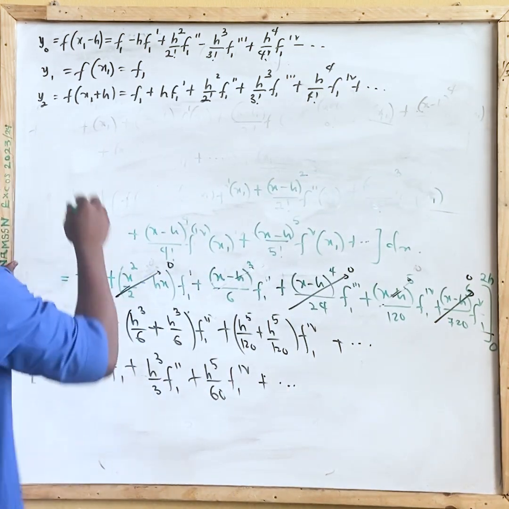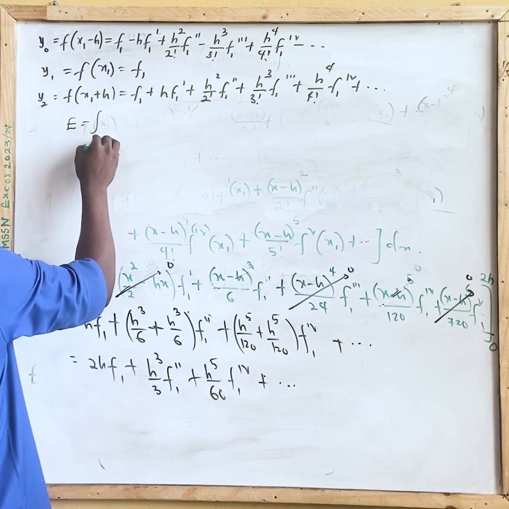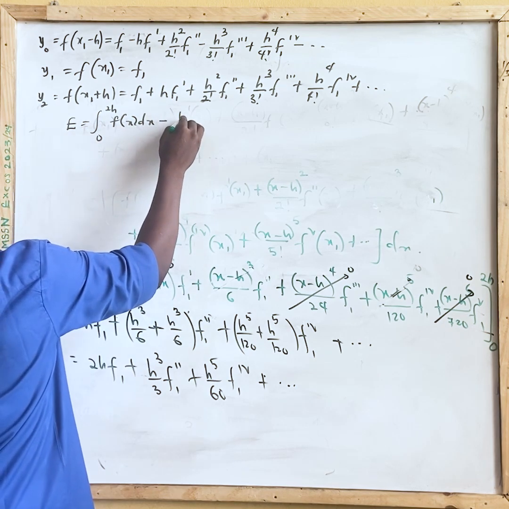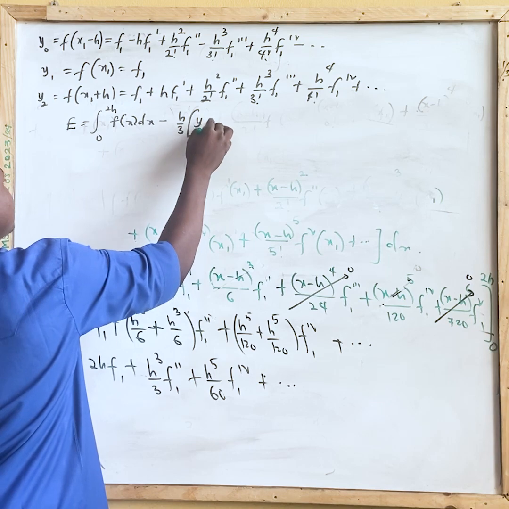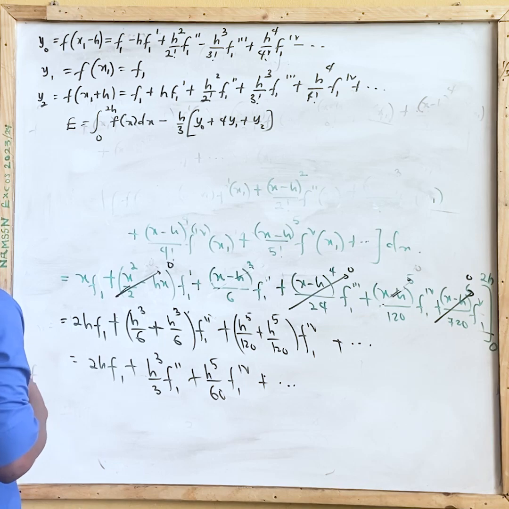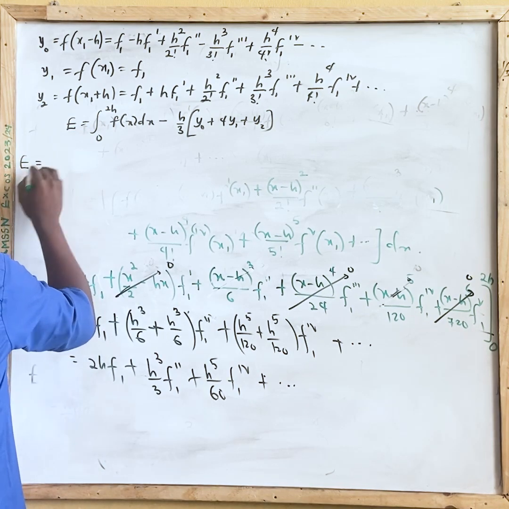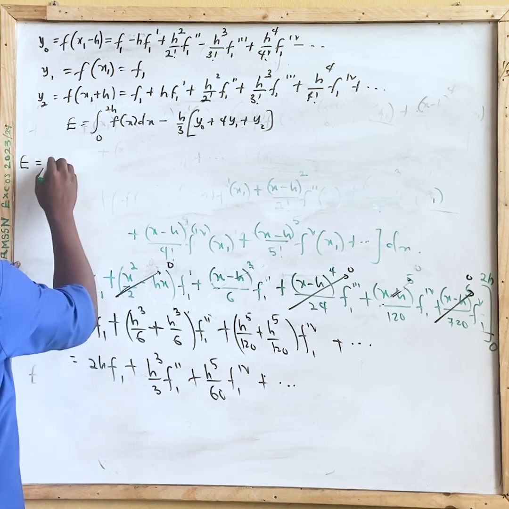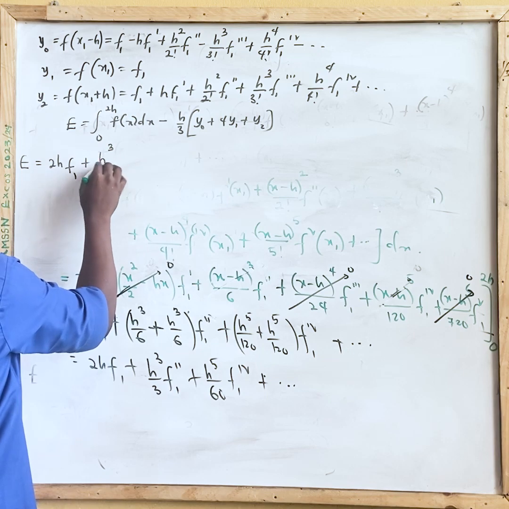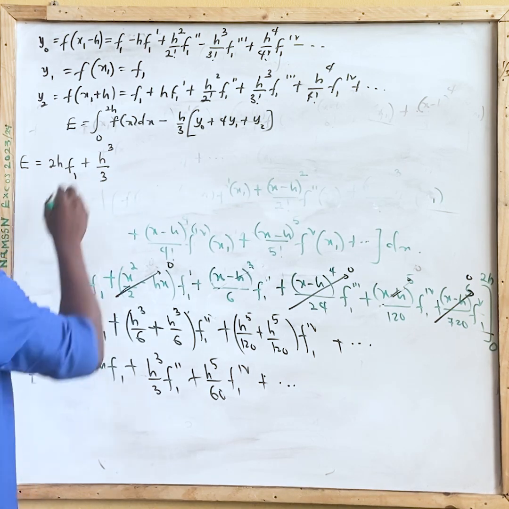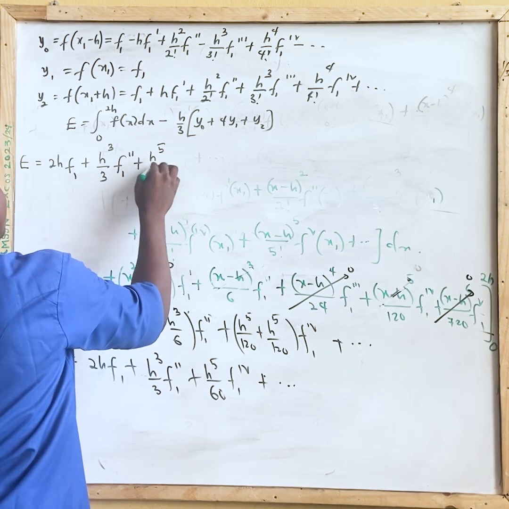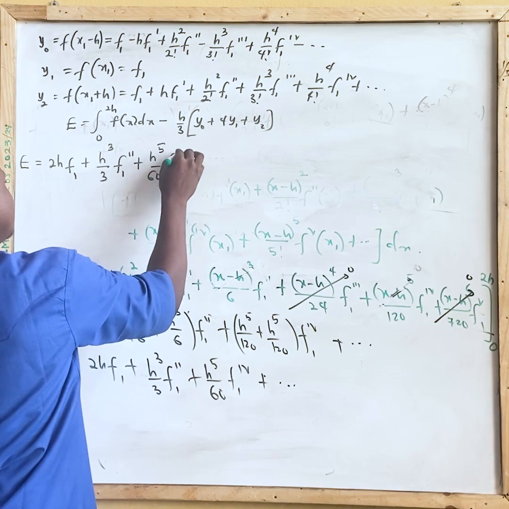So if we combine, remember our formula says that the error is equal to integral 0 to 2h f of x dx minus h over 3 into y0 plus 4y1 plus y2. So putting everything we've gotten into this formula, we get our error to be equal to, this one here is already 2h f1 plus h cube over 3 f1 prime prime plus h5 over 60 f1 IV.